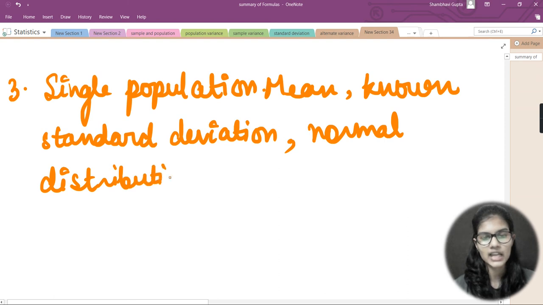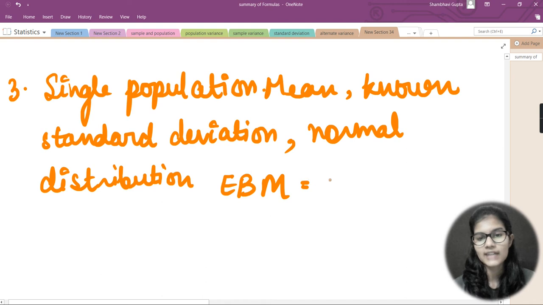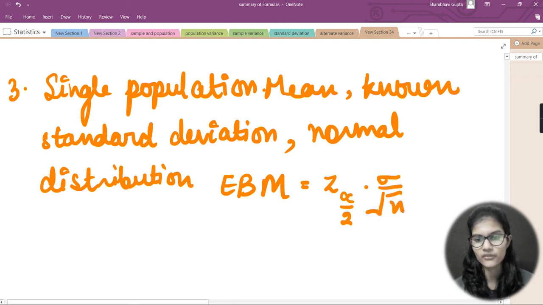So if I have all of these things, how can I find the value for the EBM? Finding the EBM is super easy. I would simply write EBM is equal to Z score alpha by 2, multiplied by sigma upon under root of n.